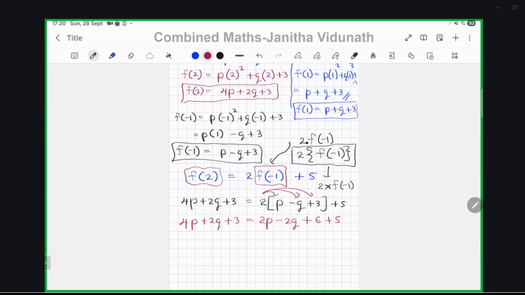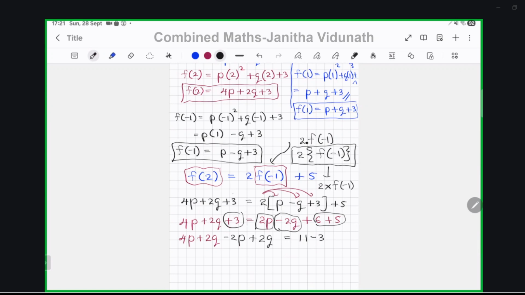Then 4p + 2q, this 2p goes to the left hand side as minus 2p, minus 2q goes to the left as plus 2q, equal to 6 + 5 is 11, and plus 3 goes to the right hand side as negative 3.